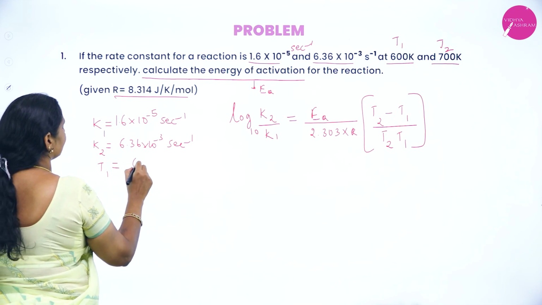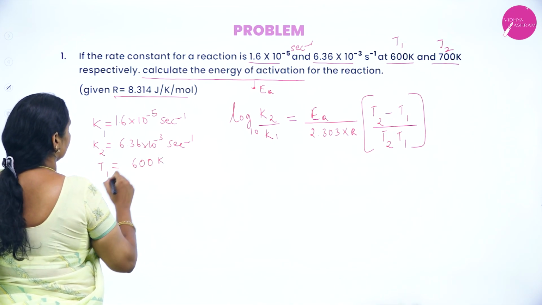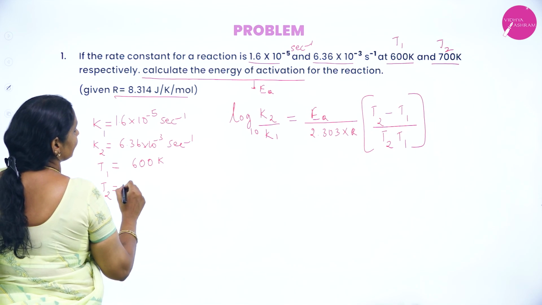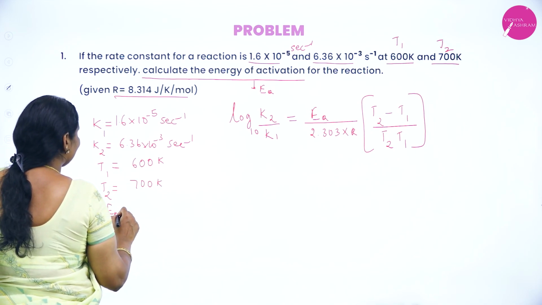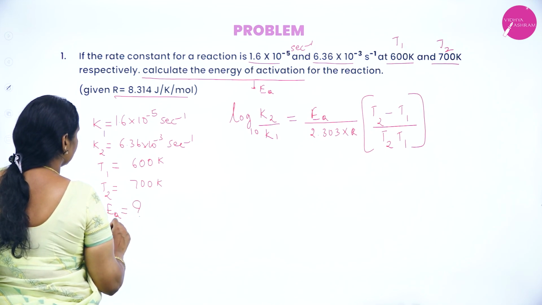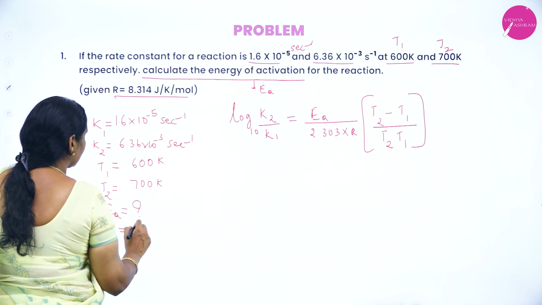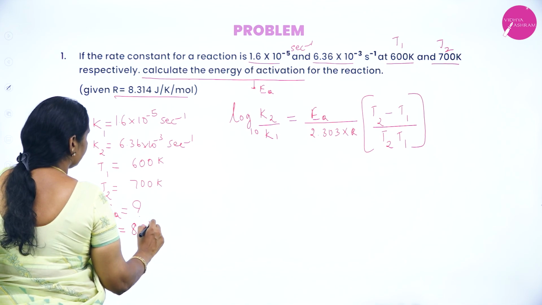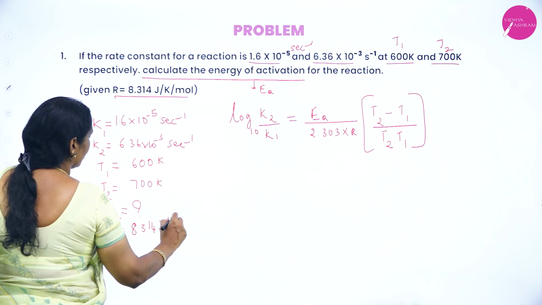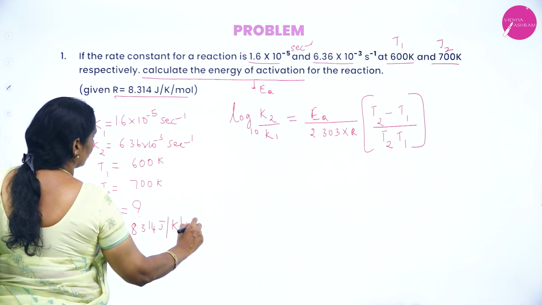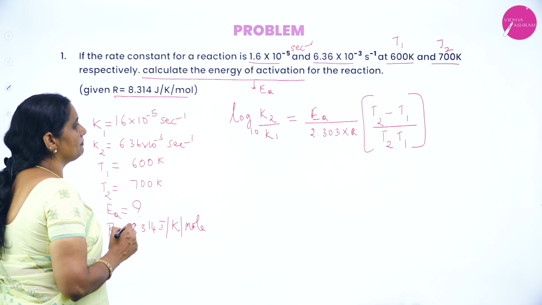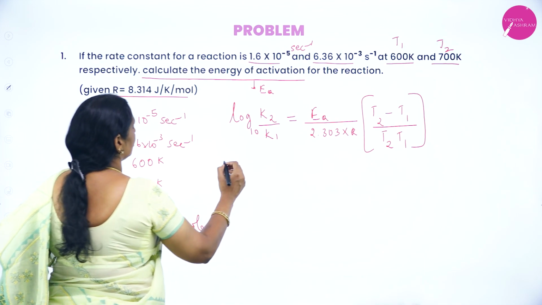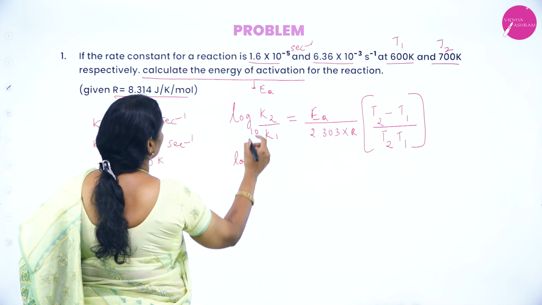T1 is 600 Kelvin. T2 is 700 Kelvin. You have to calculate EA, activation energy. R is equal to 8.314 joule per Kelvin per mole. Log K2 by K1.